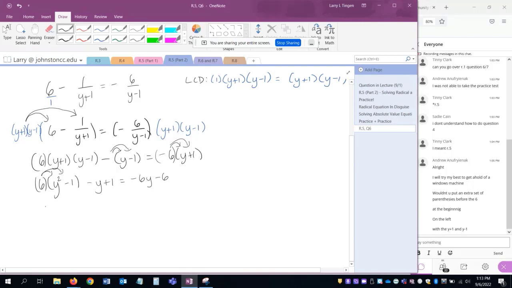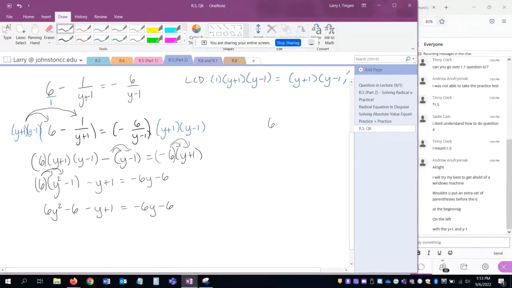Now, how's that going to impact my answer? Left side, distribute the 6. If you distributed the 6 before you did that, what would you get? 6y plus 6 times y minus 1.